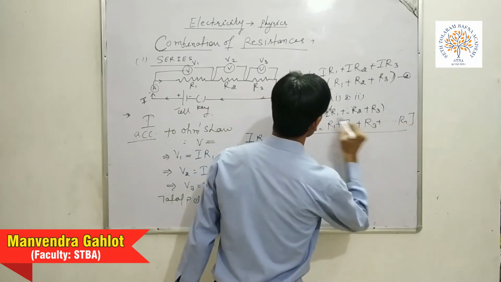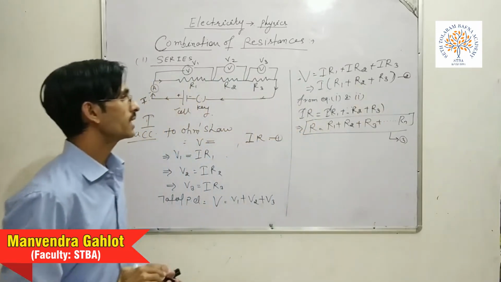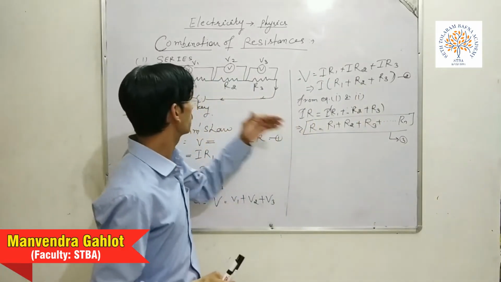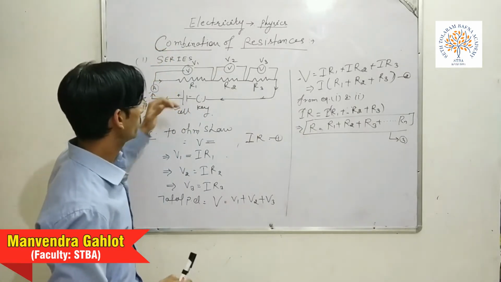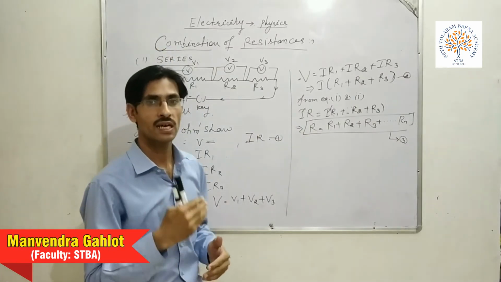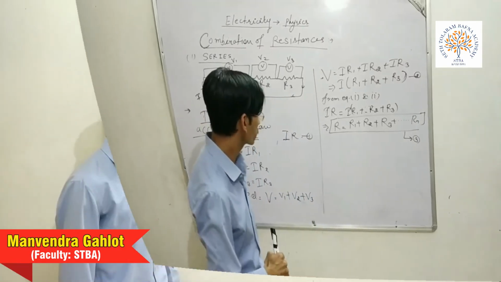That means equation number 3 is the equivalent resistance for series combination. That means series is when two or more resistors are combined together end to end.